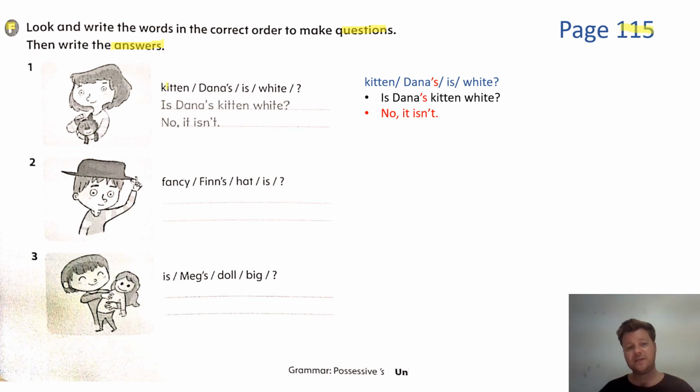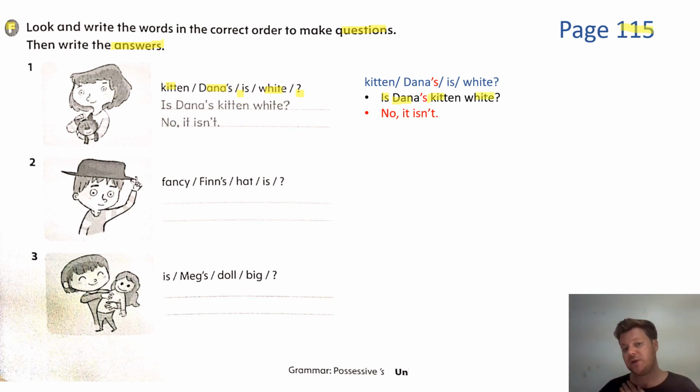We have kitten, Dana's, is, white, question mark. So we are going to make a question, yes? Remember that we start with is. So let's go. Is Dana's kitten white?